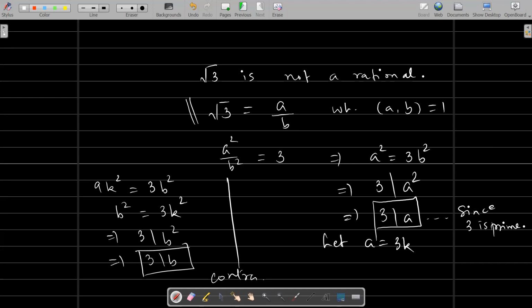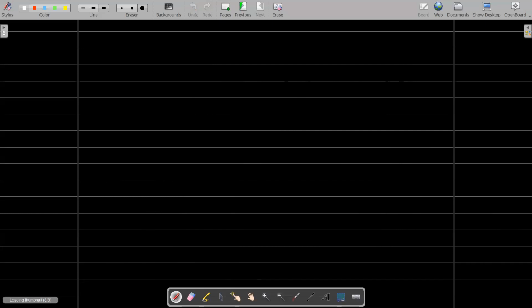Okay, so we have done it for root 2, we have done it for root 3, and more generally, I want to say it for general n. So what should I say? Homework.